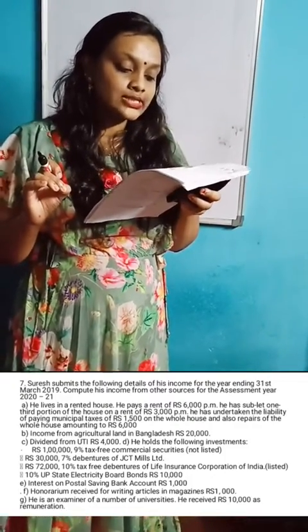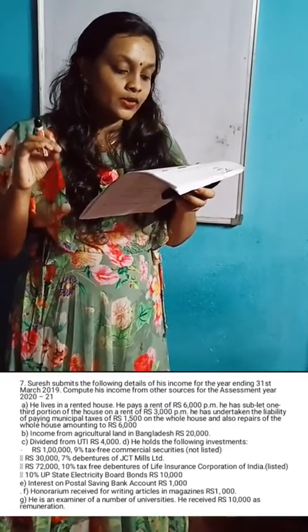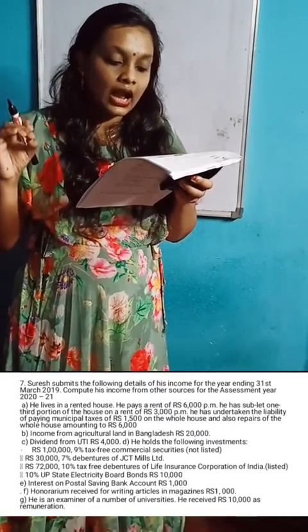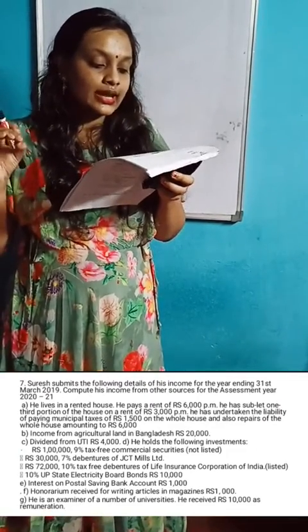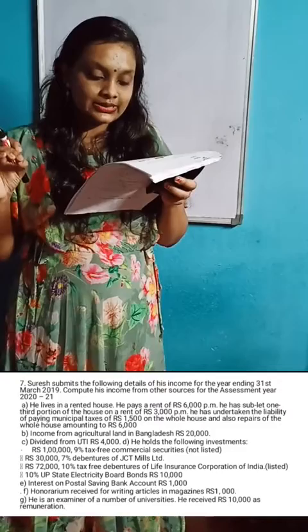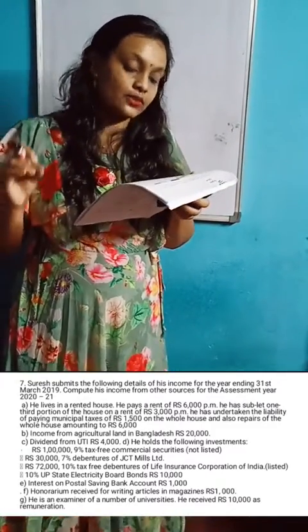Interest on Postal Savings Bank account rupees 1,000. Honorarium received for writing articles for magazines rupees 1,000. He is an examiner for a number of universities. He received rupees 10,000 as remuneration. So based on this, let's solve the problem.